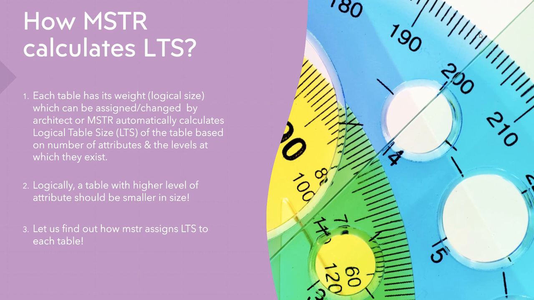Today we are going to talk about how MicroStrategy calculates logical table size. I hope you know what logical table size is. If you do not, I'm going to briefly explain. Each and every logical table in MicroStrategy has some weightage assigned to it, based on the number of attributes as well as the level at which they exist.